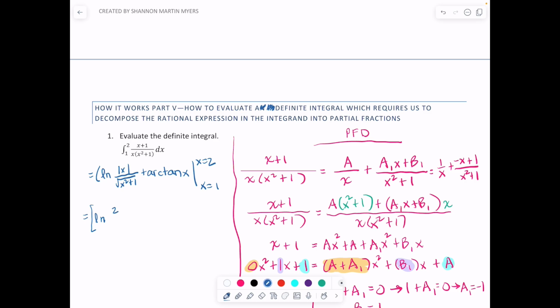So I'll have 2 over the square root of 2 squared plus 1, which is 5, so 2 over root 5, plus arctangent of 2, minus the lower limit, natural log of 1 over root 2, plus arctangent of 1.